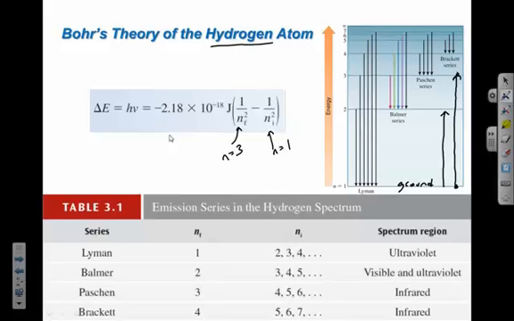Once it's already excited, all these transitions that have down arrows are the ones that involve energy being emitted. If it's at a higher potential energy and goes back down to a lower potential energy, that's when light is emitted. And based on the quantity of light emitted, we can tell exactly how much energy is associated with each of those energy levels, 1, 2, 3, 4, 5, 6, etc.